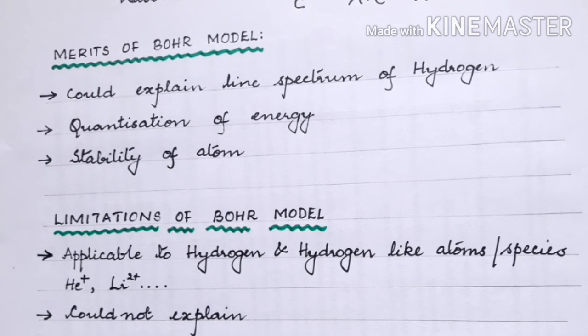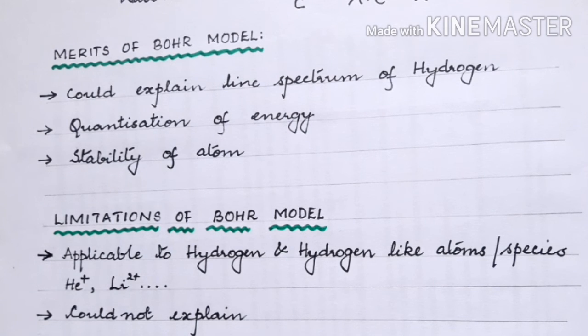In short, Bohr model could explain the line spectrum of hydrogen effectively. It also can explain the quantization of energy, that is, energy levels are having fixed values, and it also explains the stability of atoms. But the limitations are in plenty for Bohr model.